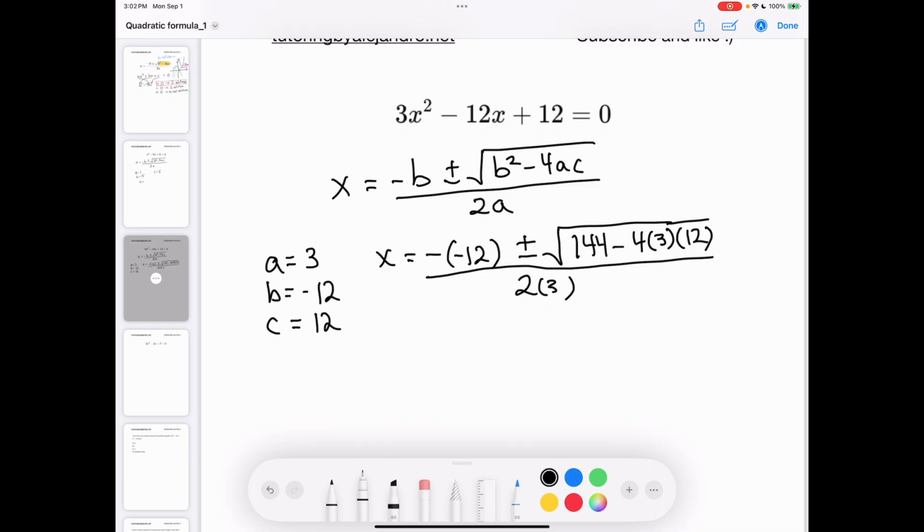And now we have 144 minus 4 times 3 times 12, right? And 12 times 12 equals 144. So that means inside the square root, we have 144 minus 144, which equals 0.